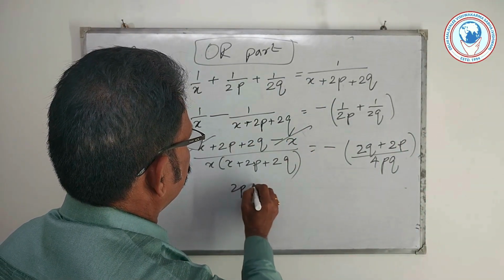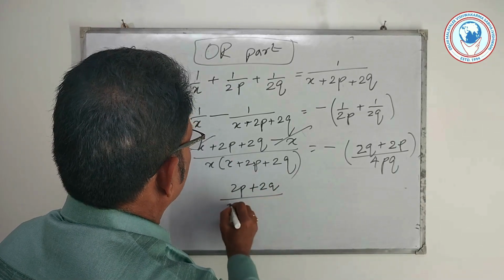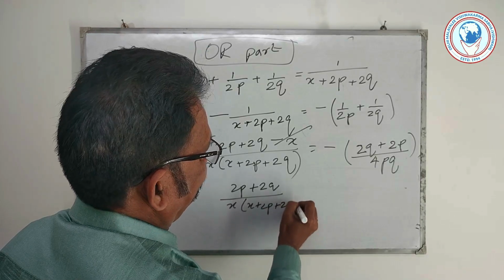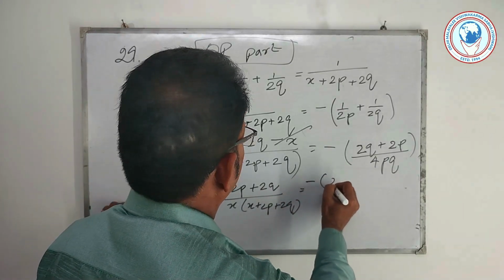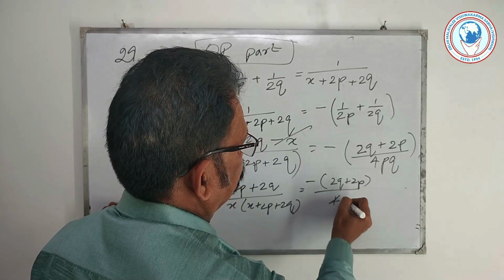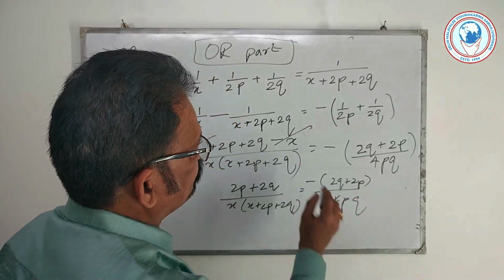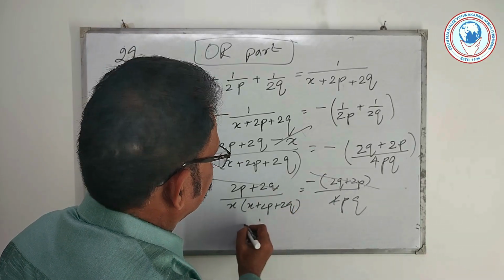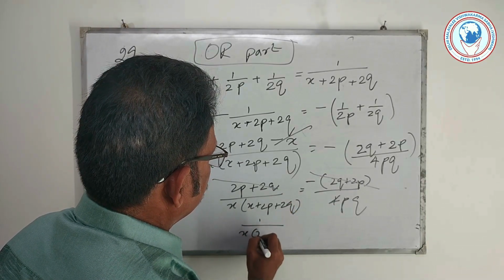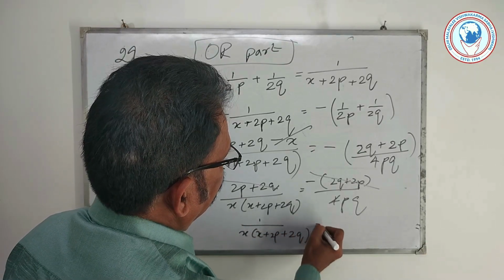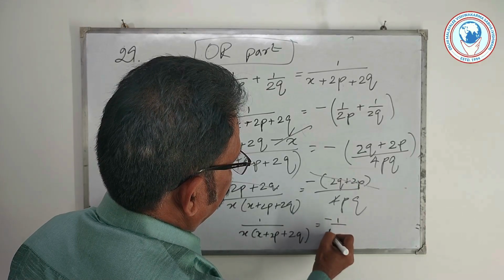Here, 2p plus 2q over x into x plus 2p plus 2q equal to minus of 2q plus 2p divided by 4pq. Cancelling the same term on both sides, we get 1 by x into x plus 2p plus 2q equal to minus 1 by 4pq.